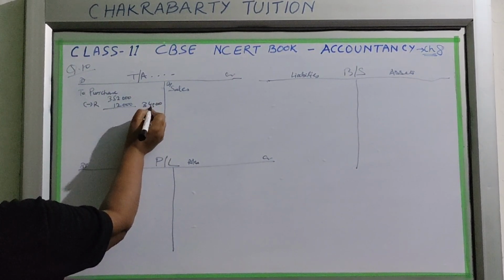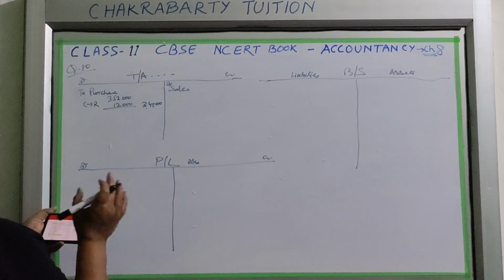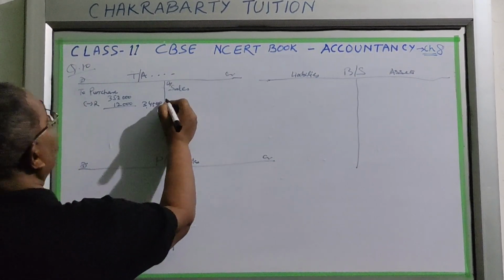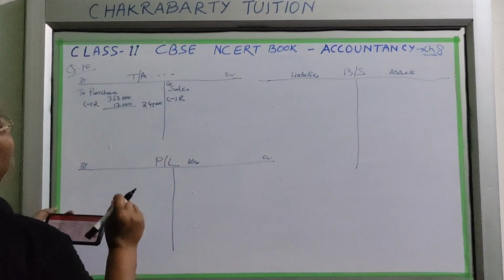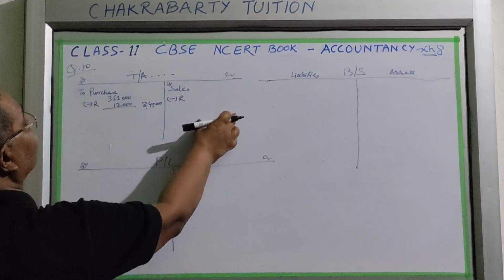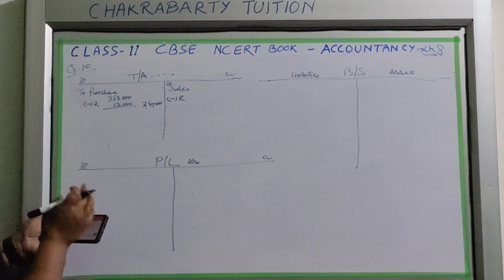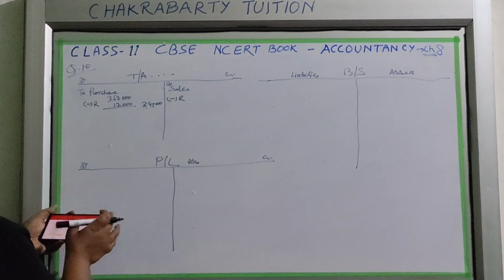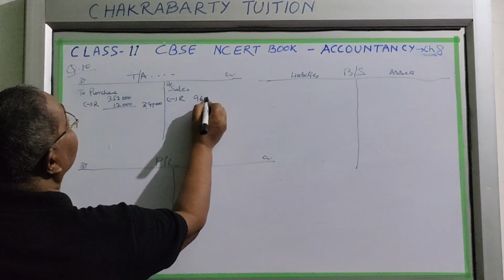This rule you keep in mind, that's why I have taken this. And now returns inward and outward both are given. How will you know? You know the sales return is a minus entry. Minus entry means it will not come in the credit side of the trial balance; it should be in the debit of the trial balance. So whatever item is written on the debit side, that should come here. Means 9,600 you have to keep here.